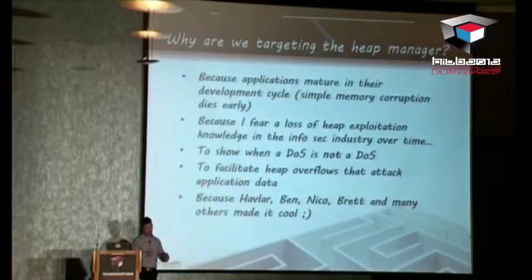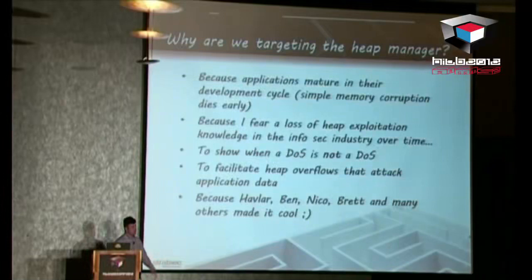So, why are we targeting the heap manager? Well, often during the development lifecycle, we see that a lot of early memory corruptions are wiped out: stack-based buffer overflows, uninitialized variables, things like that. They're wiped out early on in the development phases of an application, right? As versions increase, we lose those kinds of memory corruption vulnerabilities.